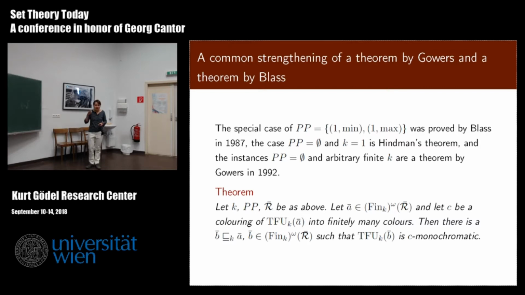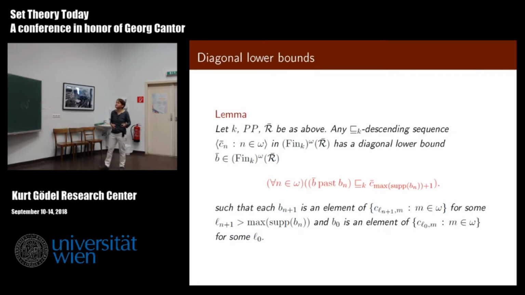It works for K equals 1, but increasing K and accommodating the Tetris operation has not been achieved without going to this ultrafilter space. So yeah, first of all, for getting a Ramsey space, we need diagonal lower bounds to do some construction by approximation. And here, for technical reasons, I need a bit stronger notion of diagonal lower bound.